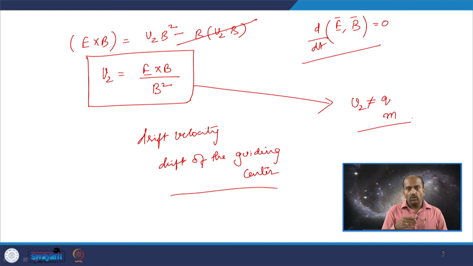The positively charged particles were gyrating to the right and the negatively charged particles were gyrating to the left. So, the field was specific, or biased, to the polarity of the charge. Now, in this case, it is not like that. It is the drift velocity that is independent of the charge and mass of the particle.